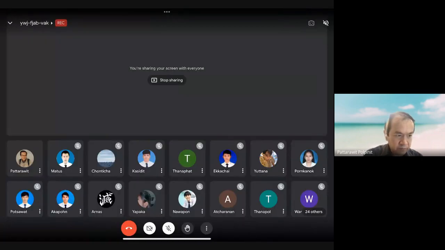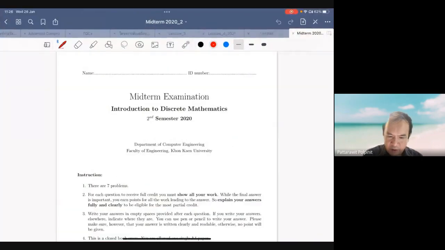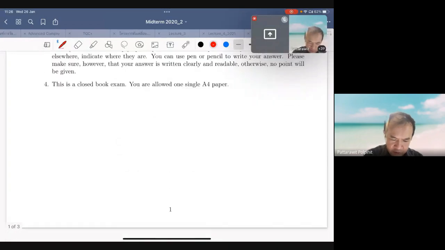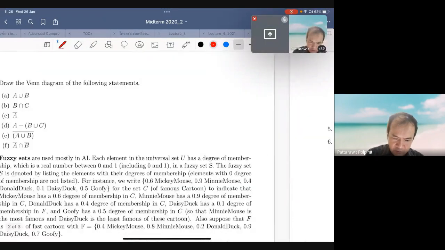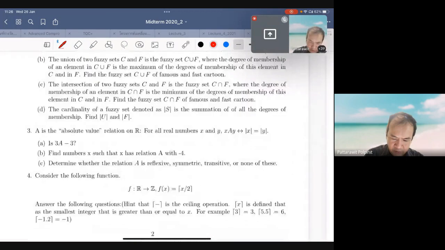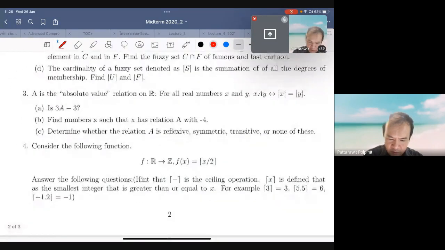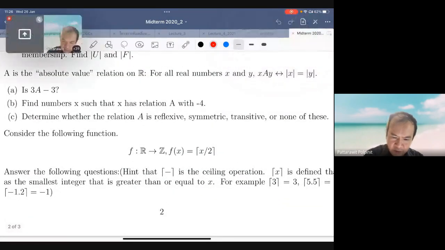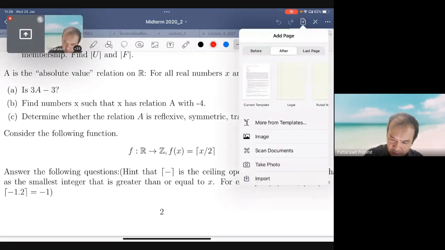So this one, what number is it? Number 4. Okay, this is what we are. So we just add one more page here.